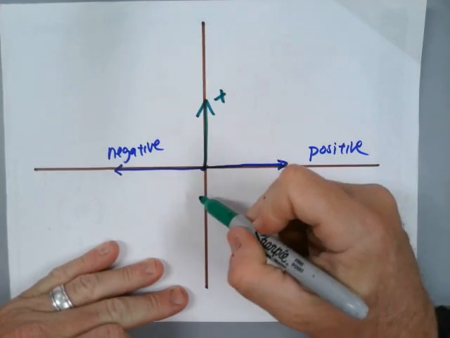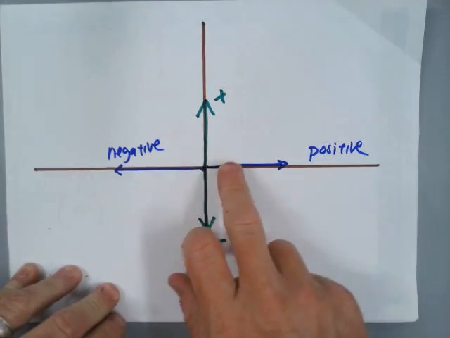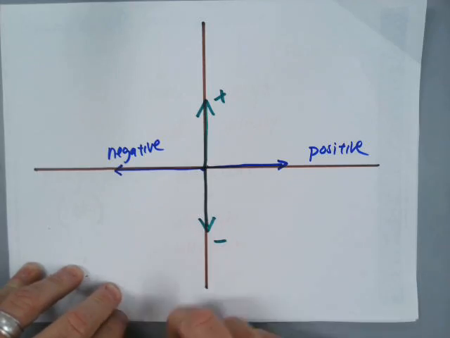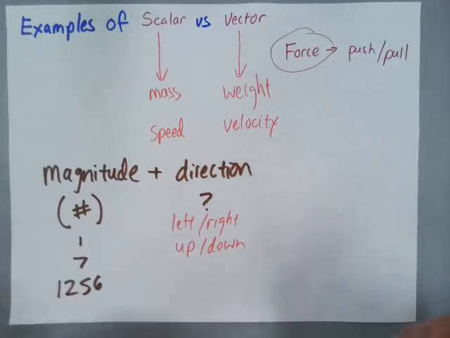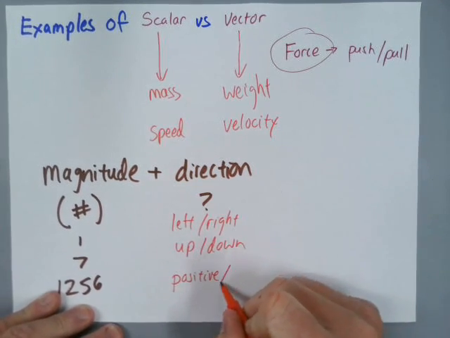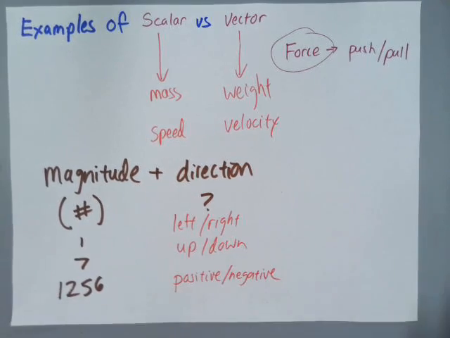We've called this the positive y. We've called that the negative y. And if I gave you this, you know that that's the positive. If I said go to positive 4y, you know to go up. So your direction can also be expressed as positive and negative.